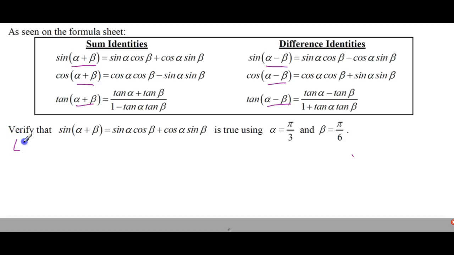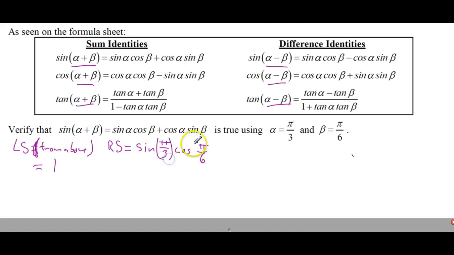Okay, so the left side, well, we already worked that out, right? That's up above. So left side, from above, is equal to 1. Okay, what's the right side? So it's sine alpha, so sine pi over 3, cos beta, cos pi over 6.